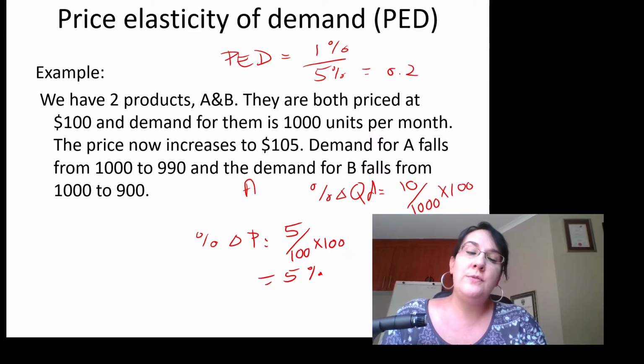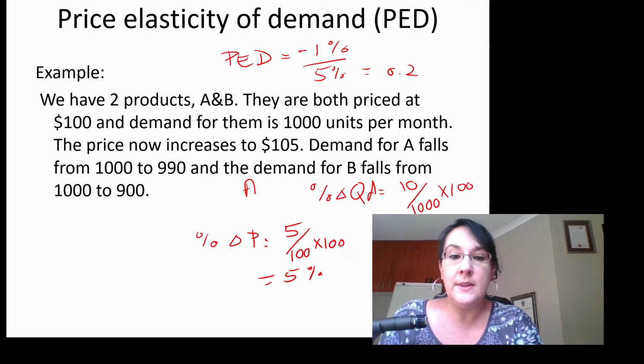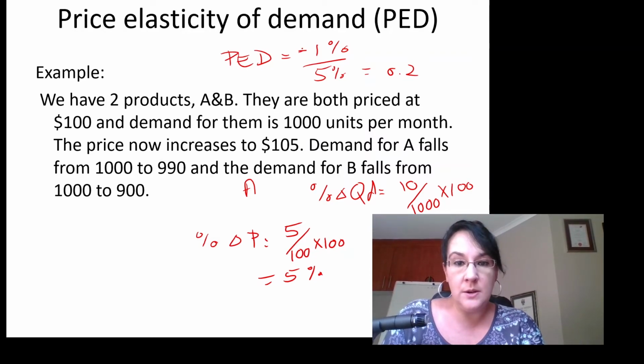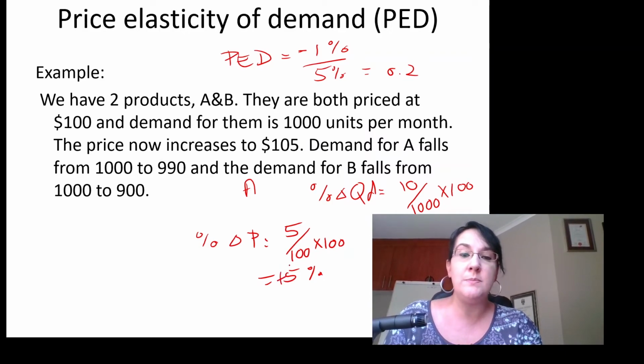Now I just want you to focus on something that's pretty important when I'm determining whether the value is greater or smaller than 1. With my quantity demanded, it actually decreased. It went down, so it actually has a minus in front of it. And my price went from 100 to 105, which is an increase. Remember that relationship between price and quantity demanded on your demand curve: we say it has a negative relationship.